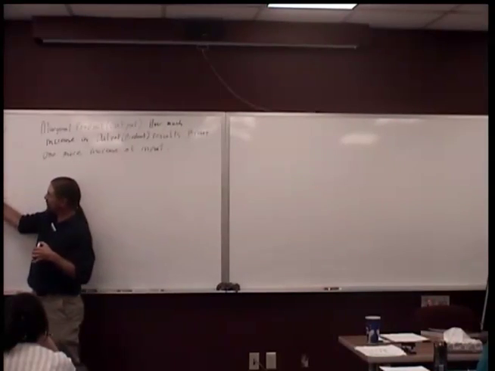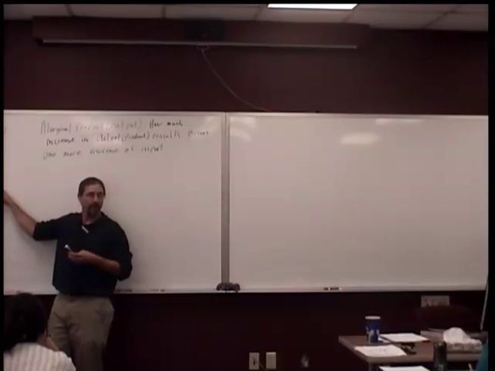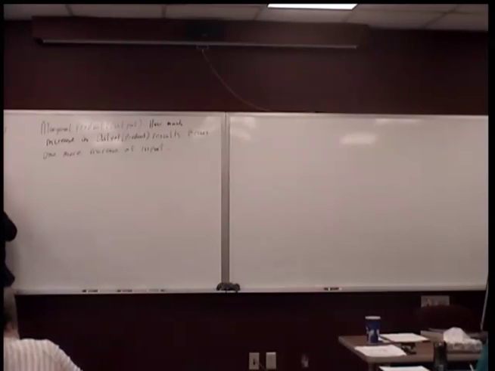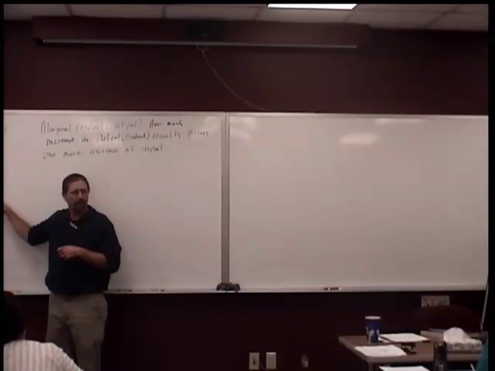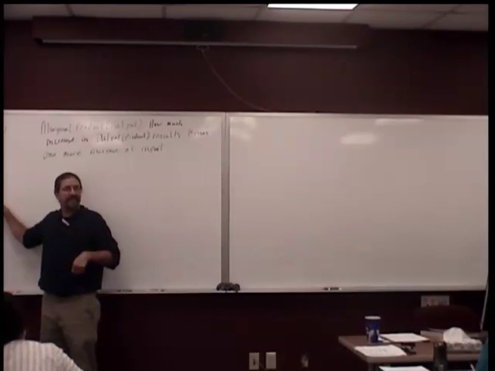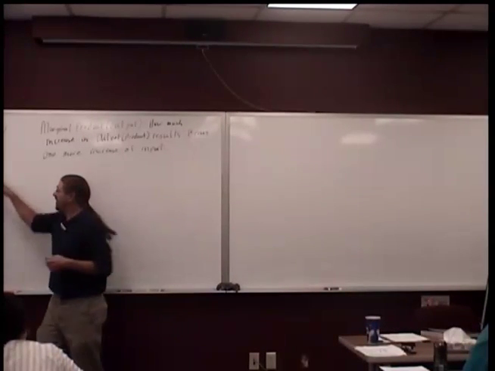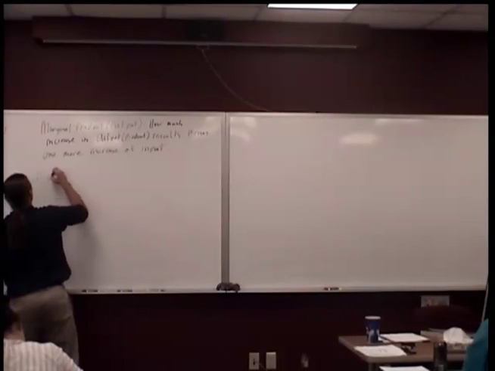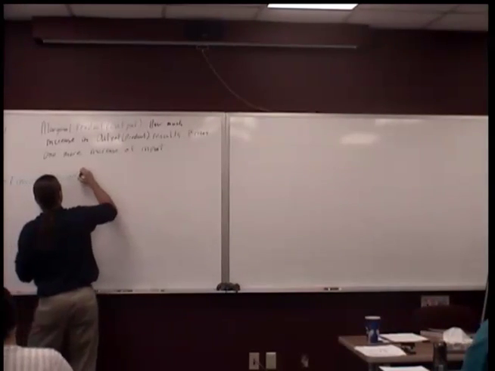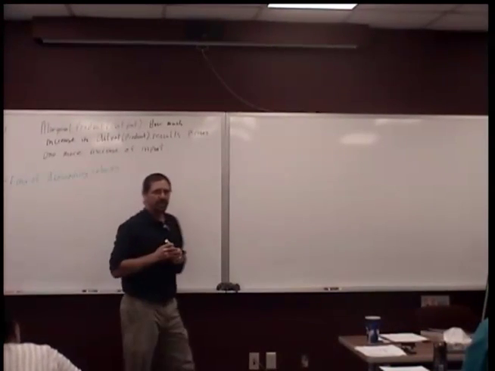Now, how much did my brother's wife add? Well, sorry, my wife. 12. Now, it's not that I lost. It's that I didn't gain as much, right? This is known as the law of diminishing returns.